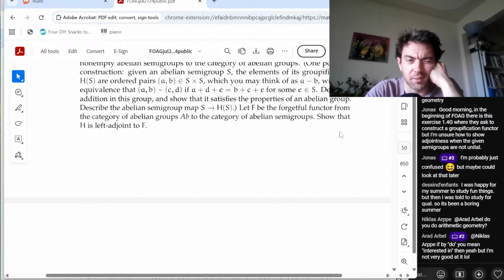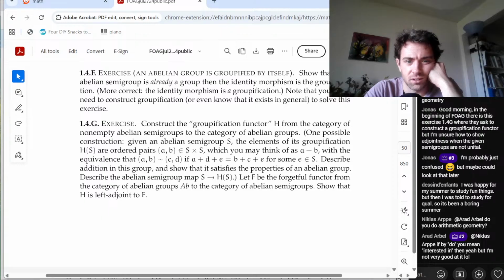Well, I don't know about that. I'm not that adept at category theory, but okay, yeah. So we've got this groupification. We just put this equivalence relation here.